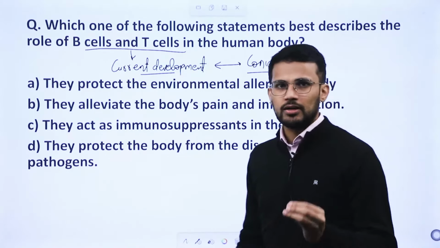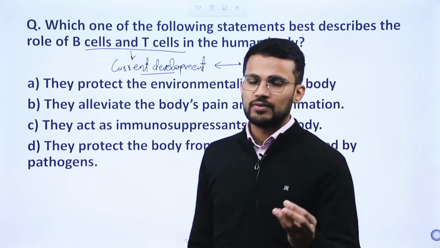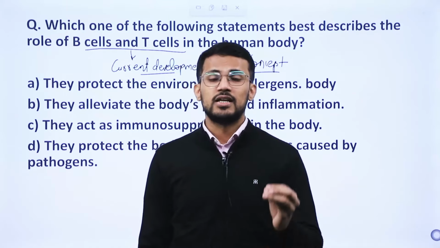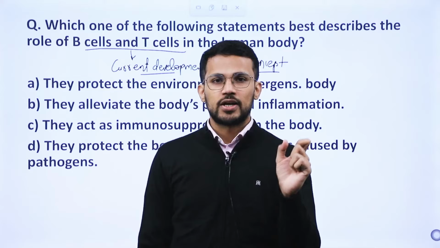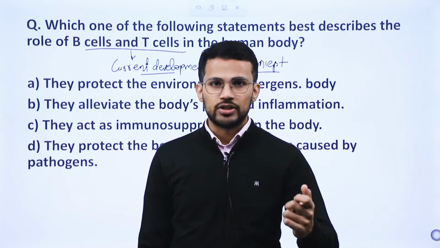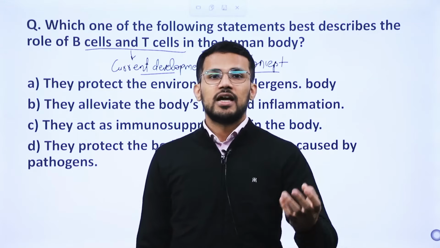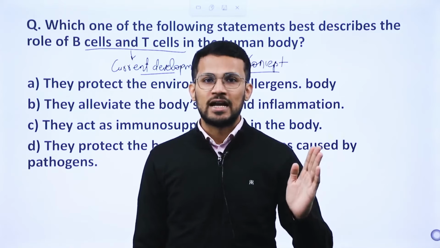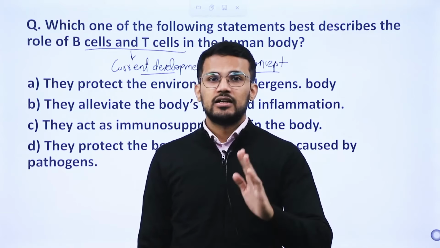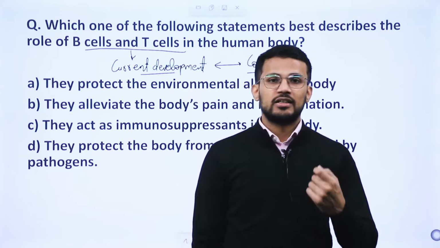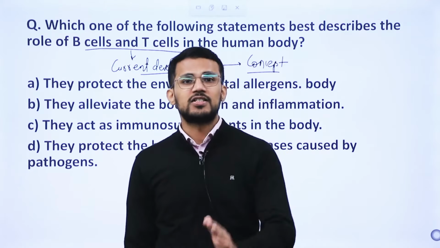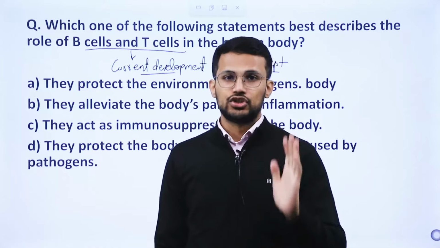We know that B cells and T cells, or B lymphocytes and T lymphocytes, play an important role in our immunity. B lymphocytes or B cells produce antibodies, or proteins, that help us take care of the antigens, and T lymphocytes or T cells are the cells that attack cells infected by antigen, right?